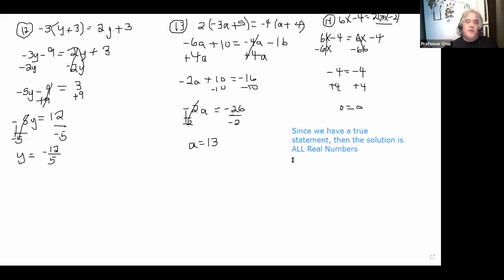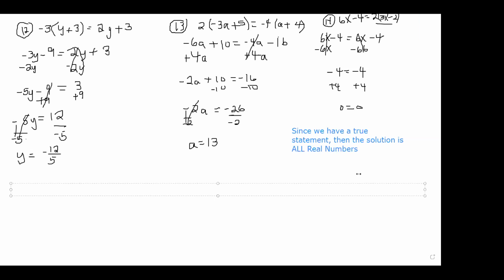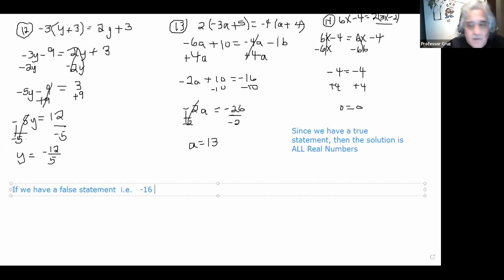Now, there's a counterpart to that, but it's not on here, but I'm just going to give you this. And I'll just write it down here on the bottom. Let's say we got -16 is equal to 5.